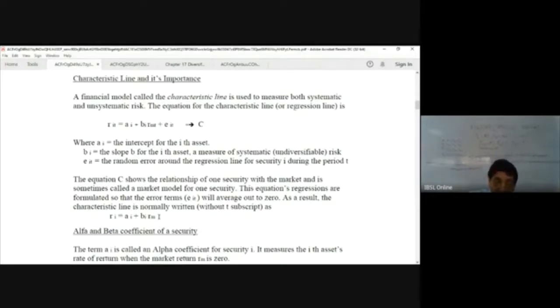About 1 or 2 years back, the index was around 6,000 something. Now within 1 year or so, it has gone up to 10,000. That's a big achievement, I think. So that is what you mean by market index.